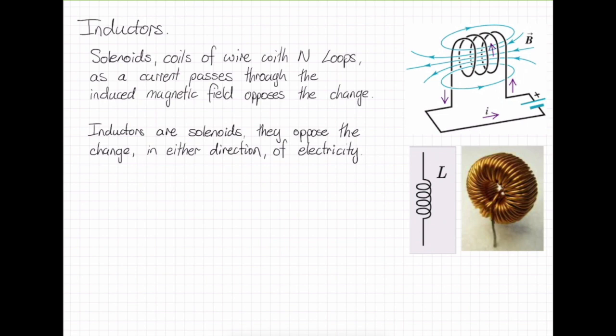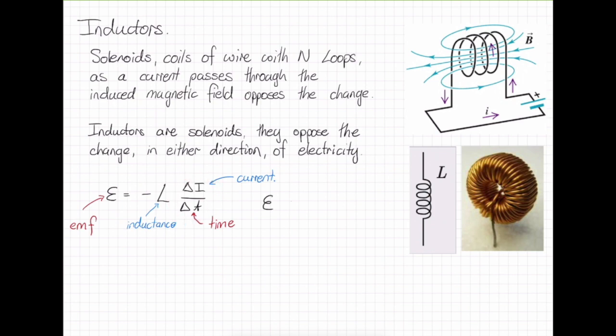So what is the EMF produced by an inductor? Well, the EMF of an inductor is equal to minus the inductance times the change in current over a change in time. So how did we get that our EMF is proportional to our change in current over a change in time?